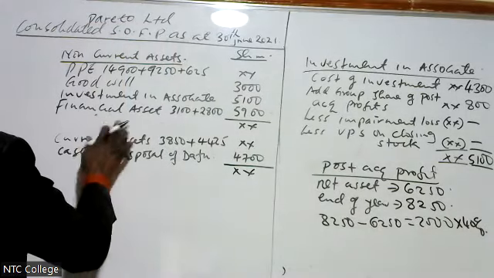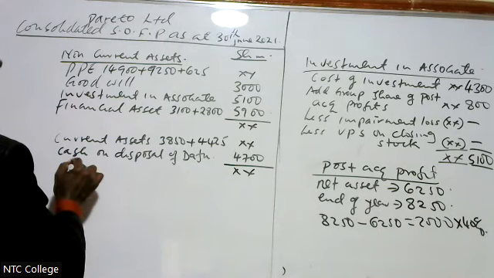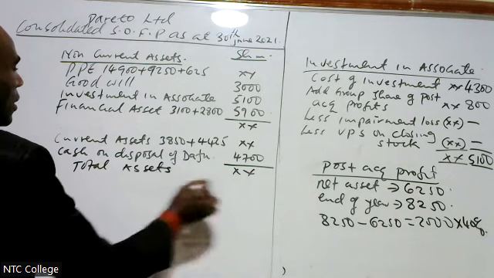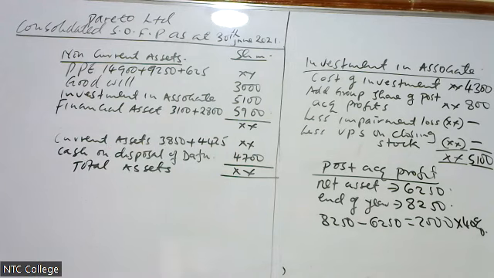Total assets comes here. This is just non-current assets. Cash on disposal, note number 4. Examiner said we have not accounted for the disposal, which means we have not accounted for our cash.